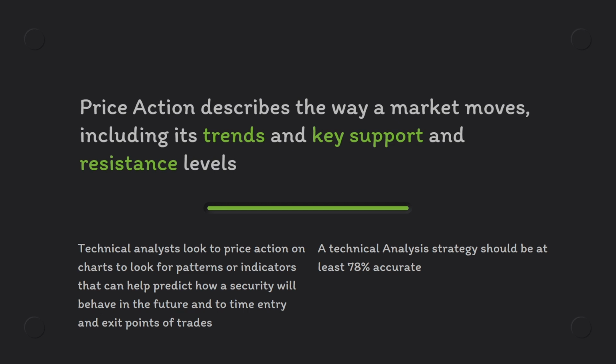Technical analysts look to price action on charts to look for patterns or indicators that can help predict how a security will behave in the future and to time entry and exit points of trades. A technical analysis strategy should be at least 78% accurate.